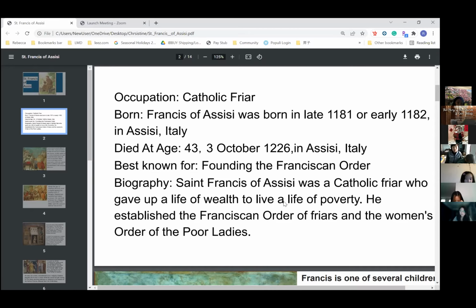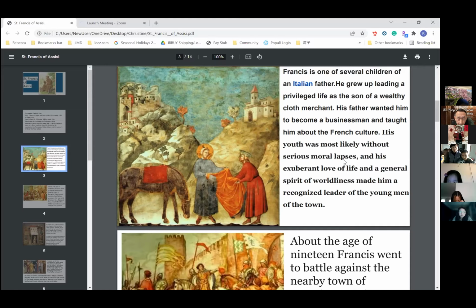His father wanted him to become a businessman and taught him about French couture. His youth was most likely without serious moral lapses, and his inspired love of life and general spirit of worldliness made him a recognized leader of the young men of the town.